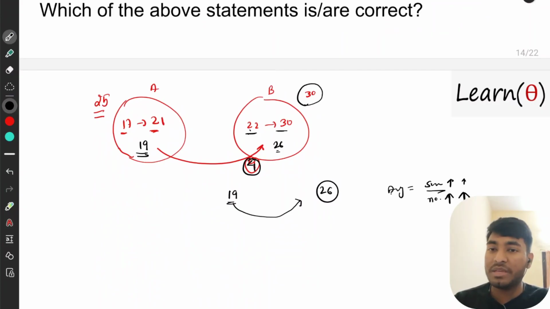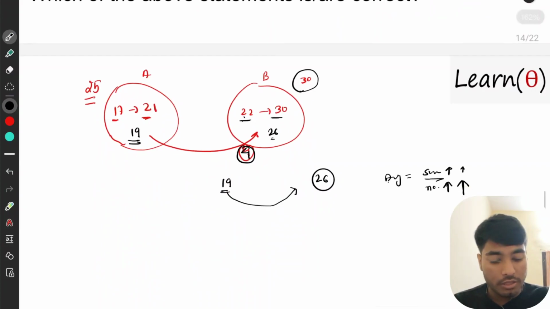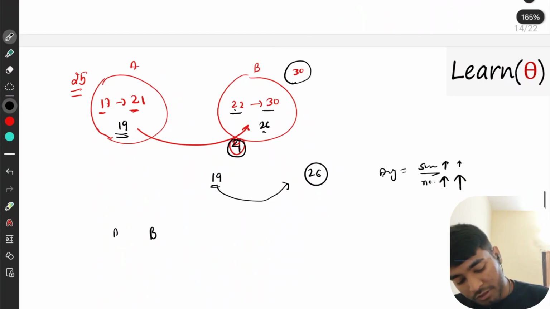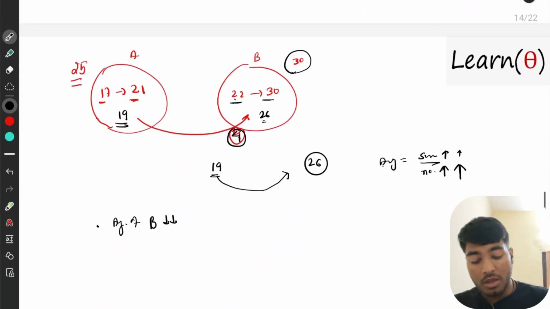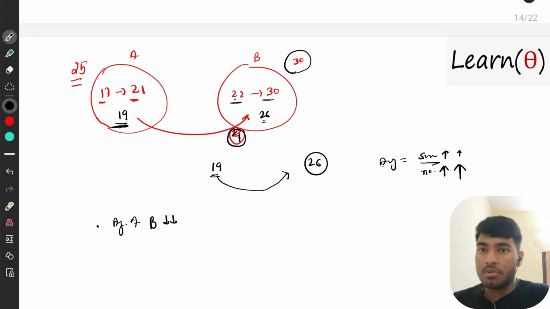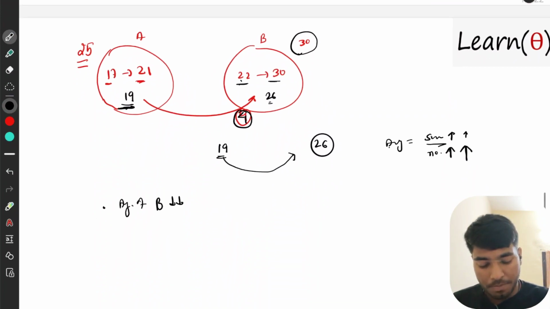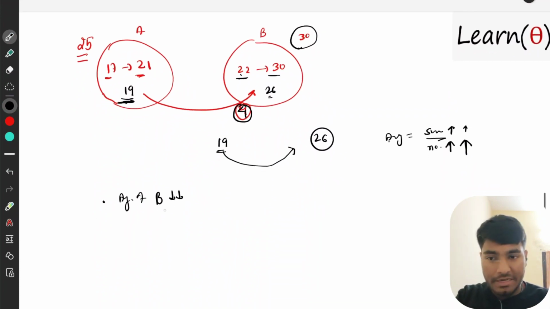Therefore, I can say that the average of B is getting decreased. Why? Because 4 people are added. I understand the number will increase and the sum will also increase, but the people who are being added are of lower marks. So the average of B will definitely decrease.